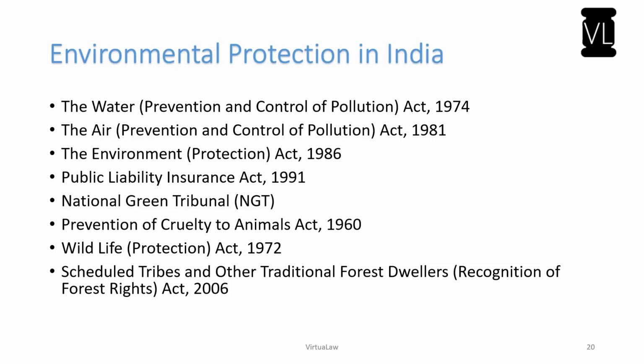The names of the acts themselves give you the object of the act, so you need not strive hard to remember all this. As a measure of environmental protection, all these legislations have been enacted in India, as an end result of all the previous laws we have discussed. And also the Biological Diversity Act 2002.